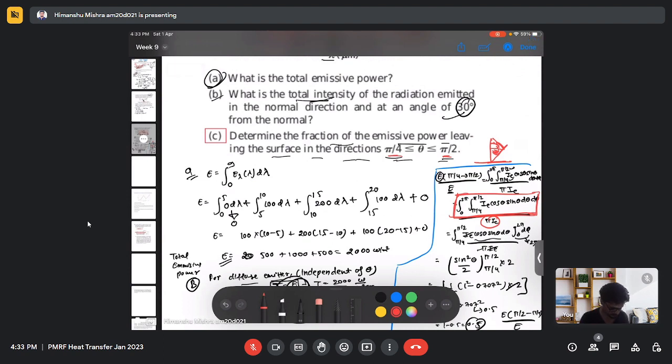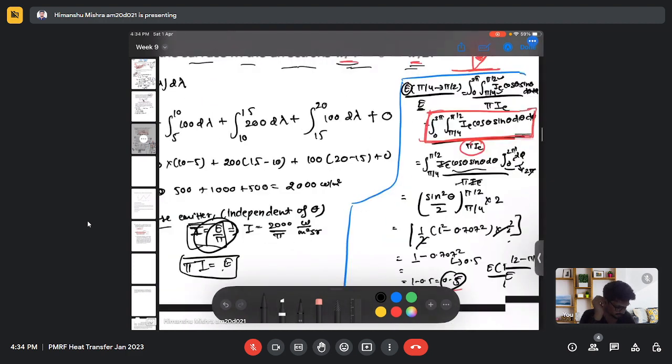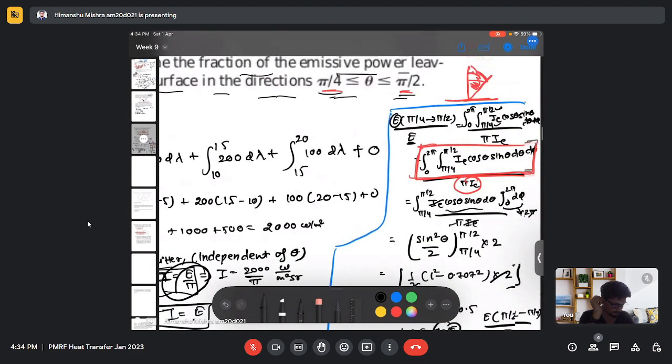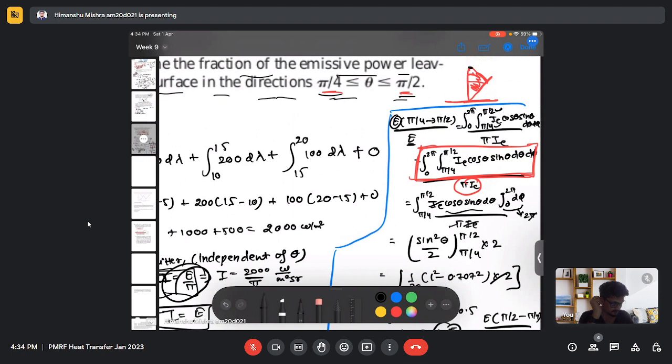Sir, this should be independent of the angle. So why are we calculating from pi by 4 to pi by 2? Because it is diffusive in nature. Because this is the energy emitted in a specific part from, let's say, pi by 4 here to pi by 2.